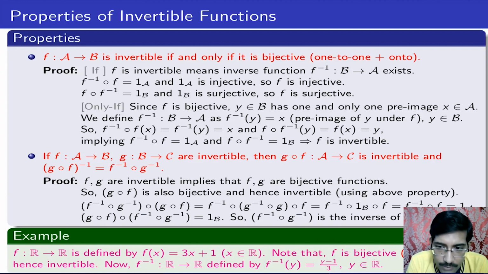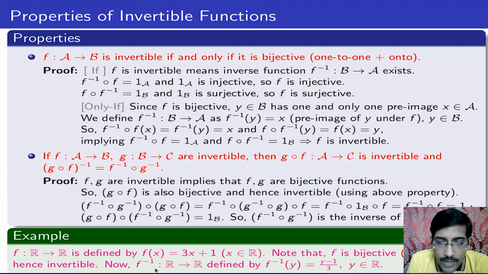You can show that it is injective and surjective; I kept it for you, because to show injective and surjective you can use the concepts provided in the previous lecture and prove that f is bijective. Now, since f is bijective, f must be invertible as per the first theorem here.